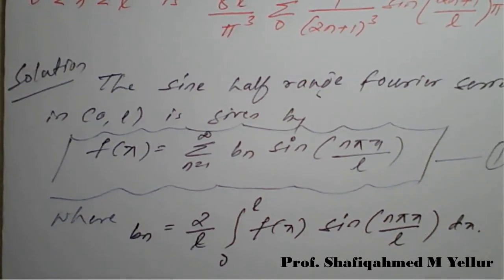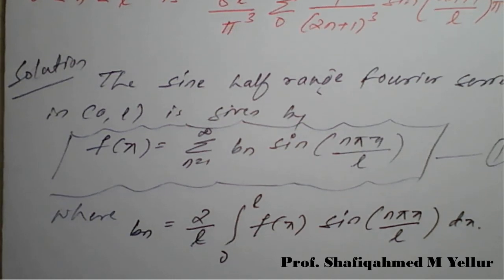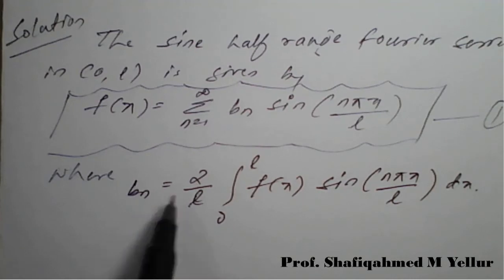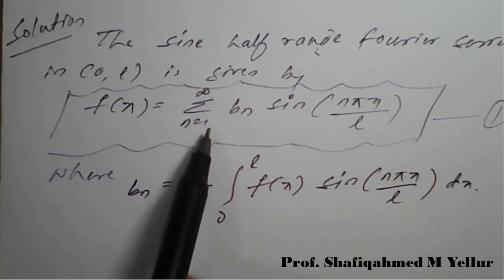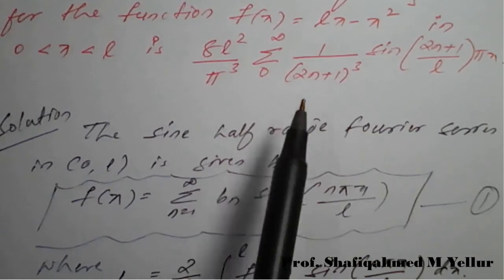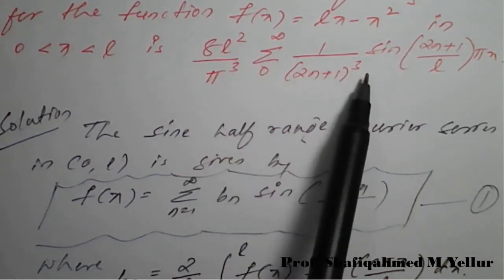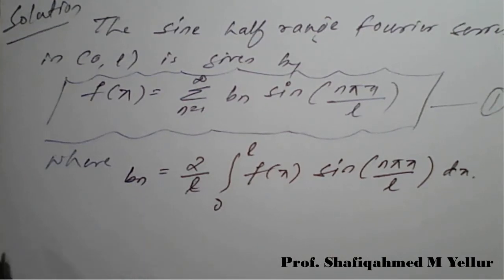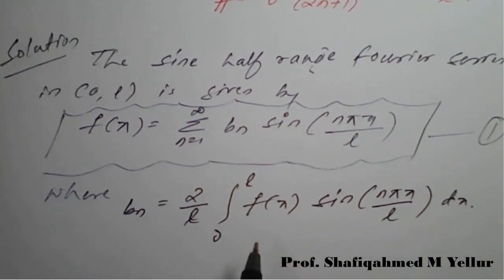So this is Bn, that is the Fourier coefficient. Now we'll find the value of Bn and we'll apply equation number 1 and we'll see whether we'll get this required result or not. So we'll check now.